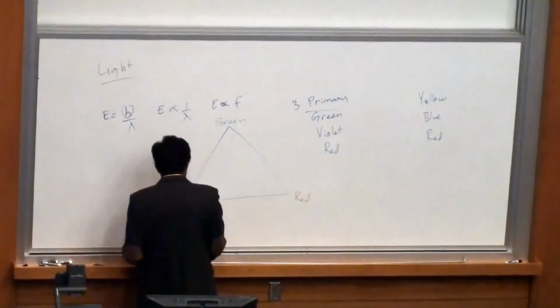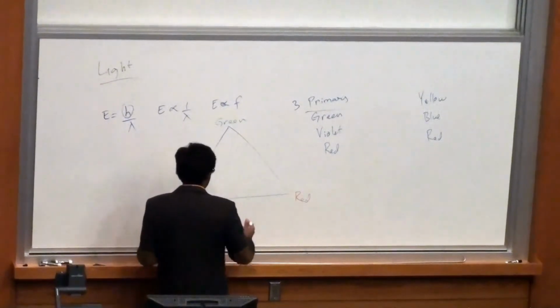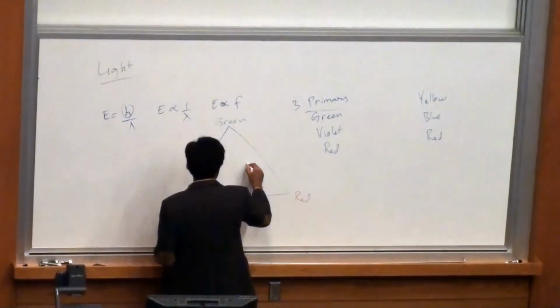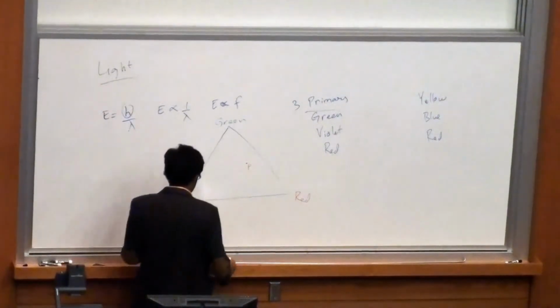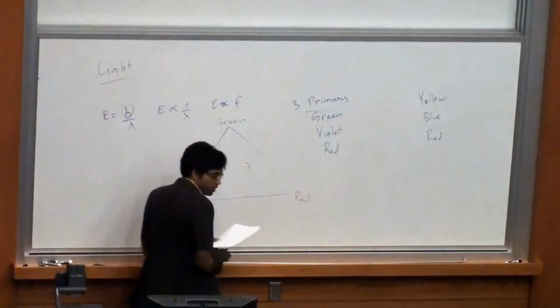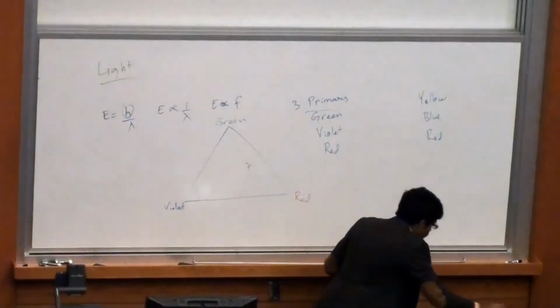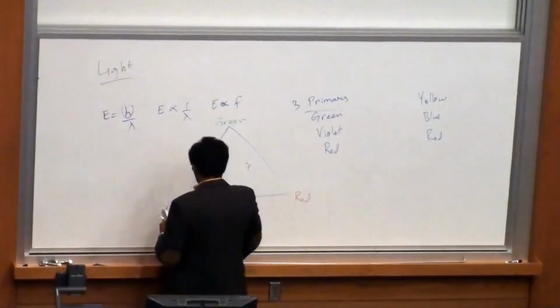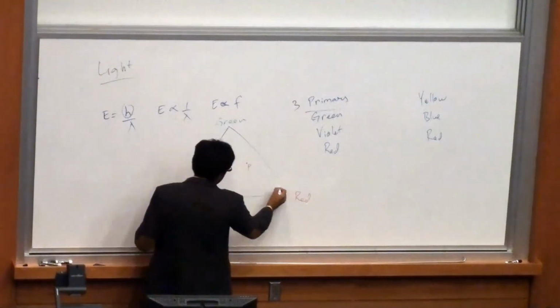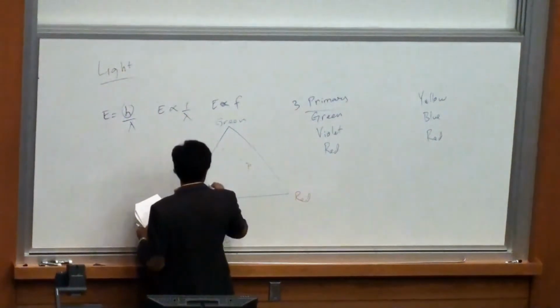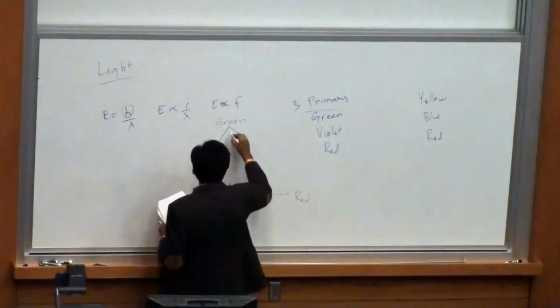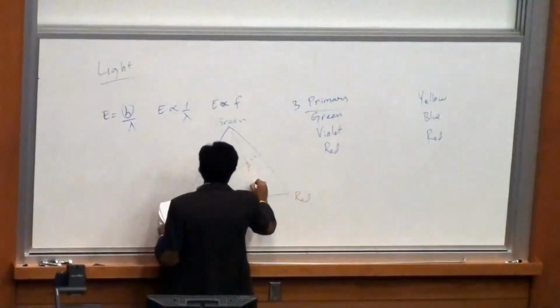So if I were to make a color at point P here, I would need a certain amount of red, a certain amount of violet, and a certain amount of green.